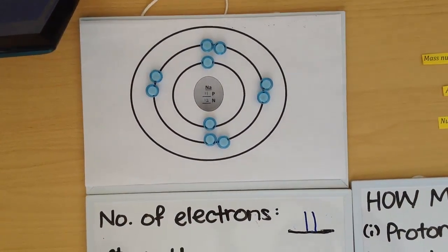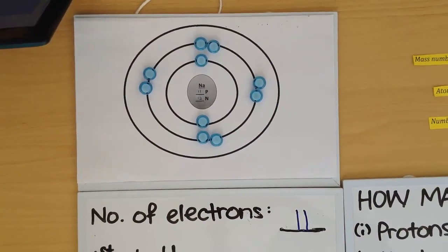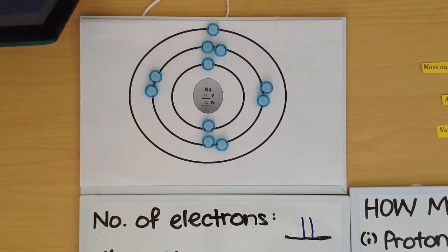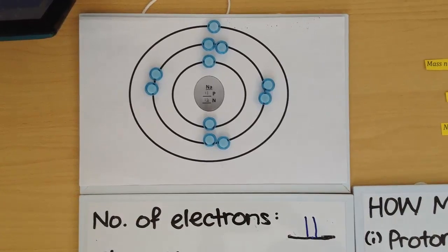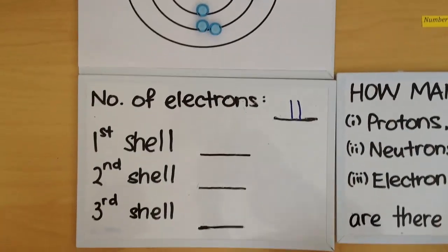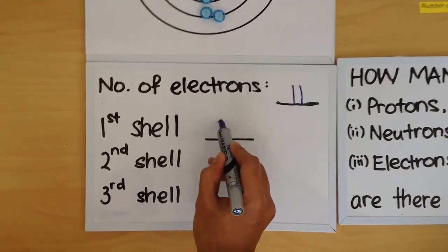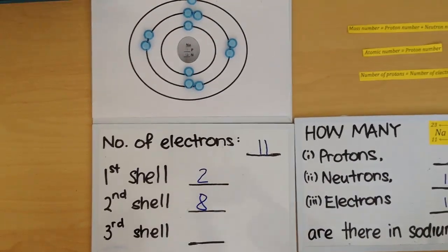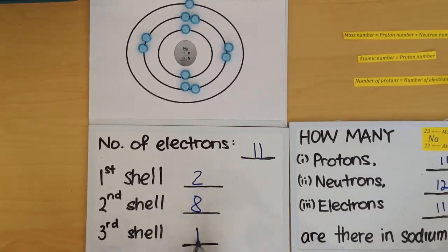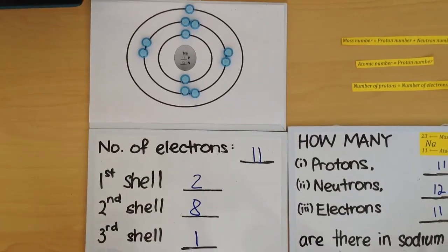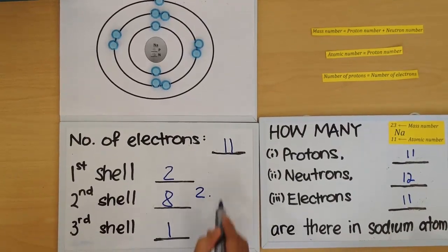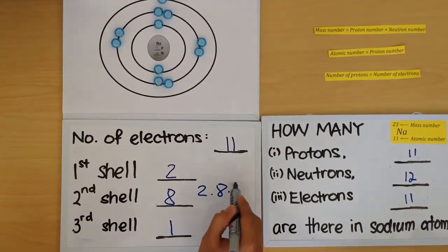Finally, as the second shell is now completely filled, the last electron will go into the third shell. Therefore, as there are 2 electrons present in the first shell, 8 in the second shell, and 1 electron in the third, the electronic configuration of the sodium atom is 2, 8, 1.